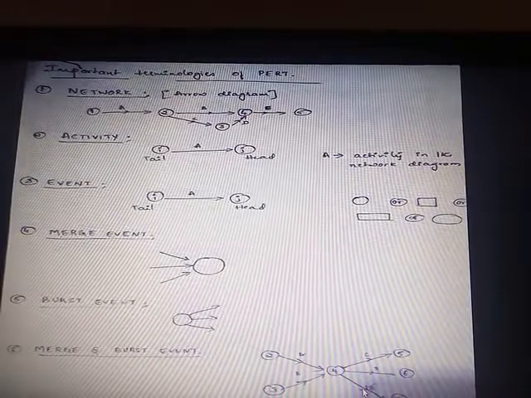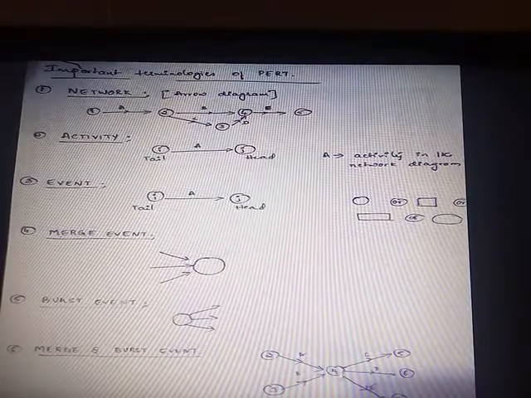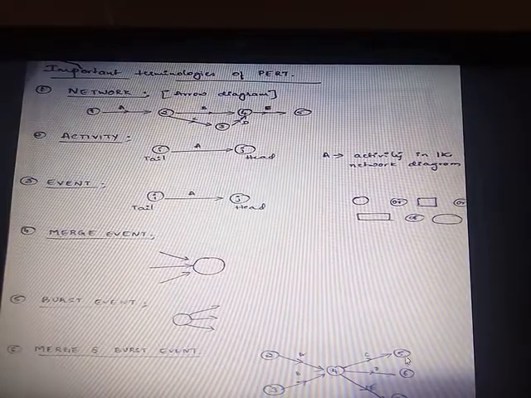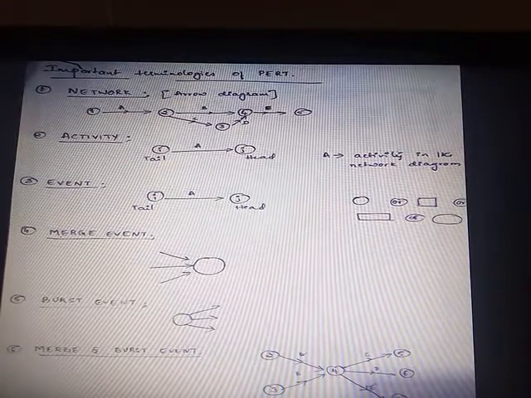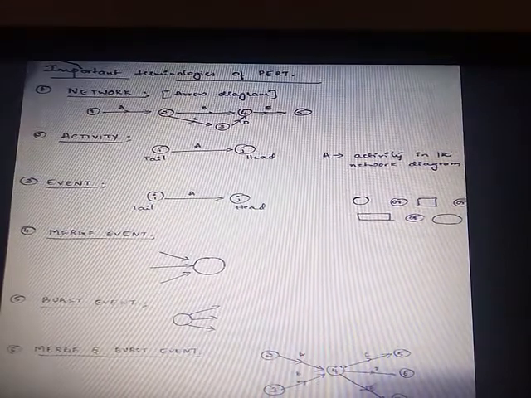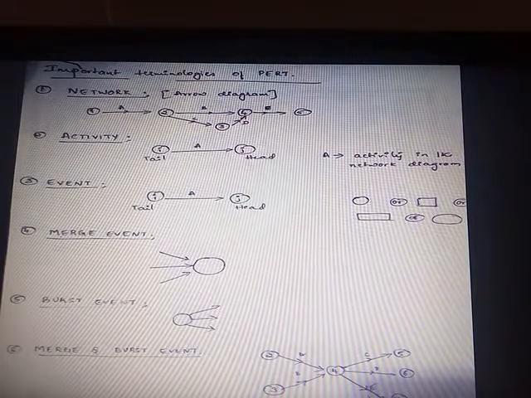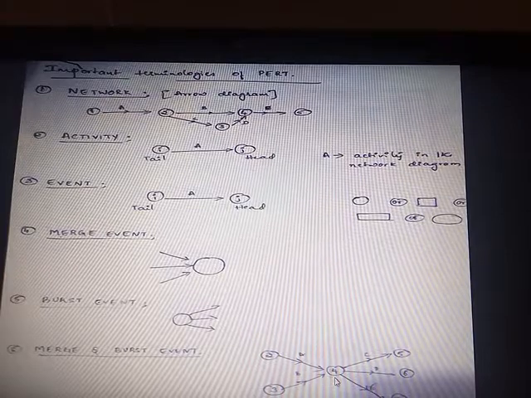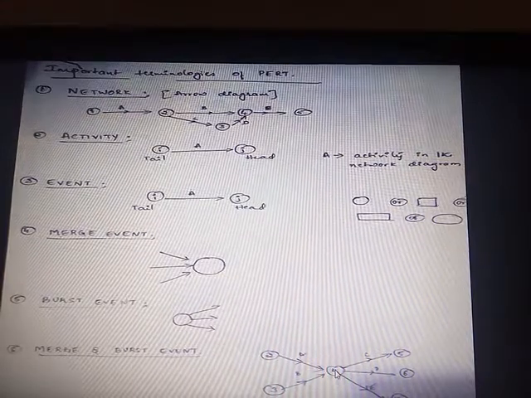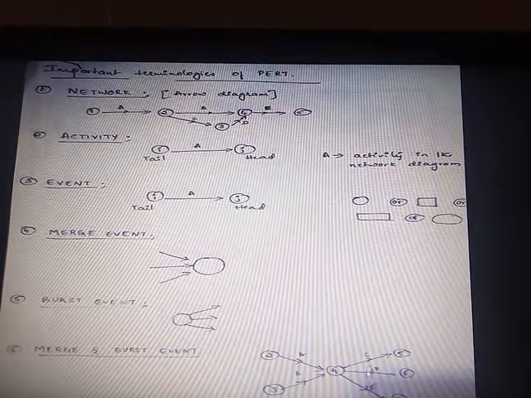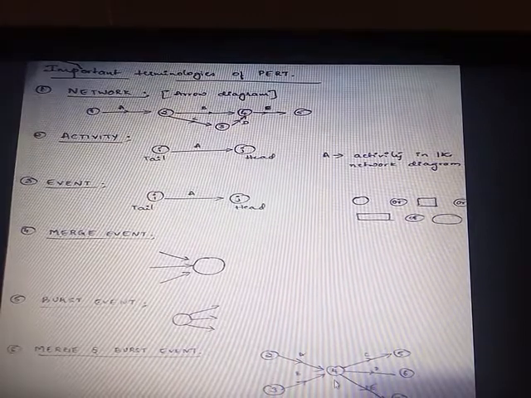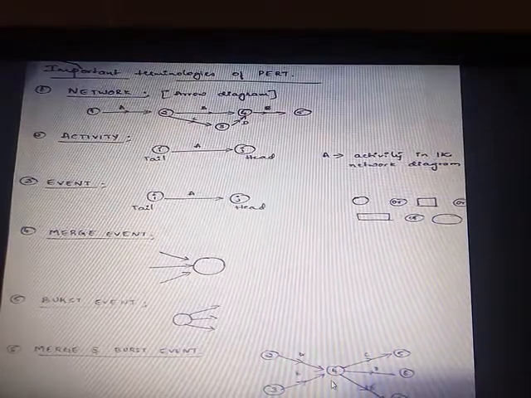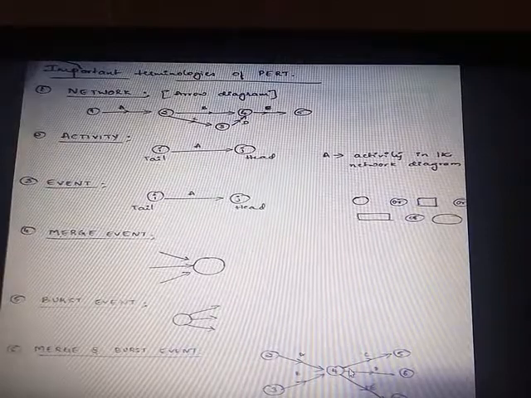For the next activities, this one is the beginning event. In this figure, 2, 3, 4, 5, 6, 7 are the events or nodes, whereas A, B, C, D and E are the activities. A and B are the activities which end at a common node, known as a merge event. C, D and E are the beginning activities from node 4. This one is the burst event. So it is a combination of burst as well as merge event.